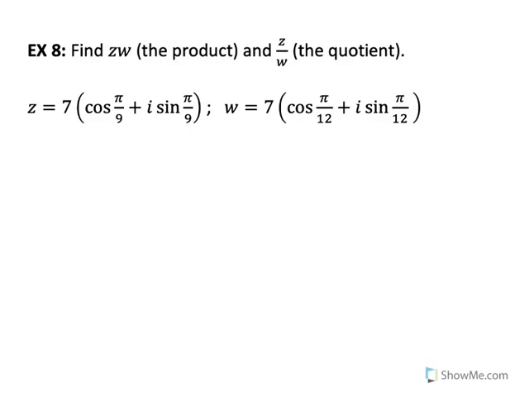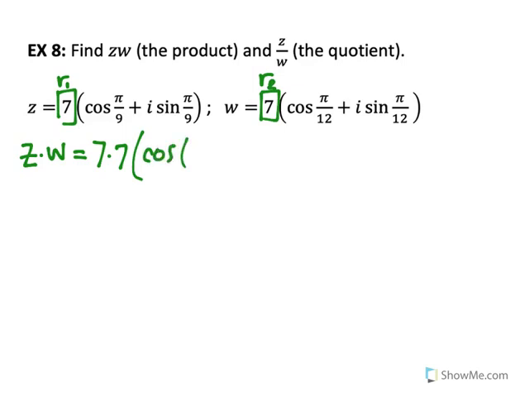So here we go. We're going to find the product first. So I'm going to take this r. Remember that this is r1. Here's my r2. And I'm going to go ahead and multiply those. 7 times 7. And I guess I could just write 49, but I'll go ahead and simplify in a minute.